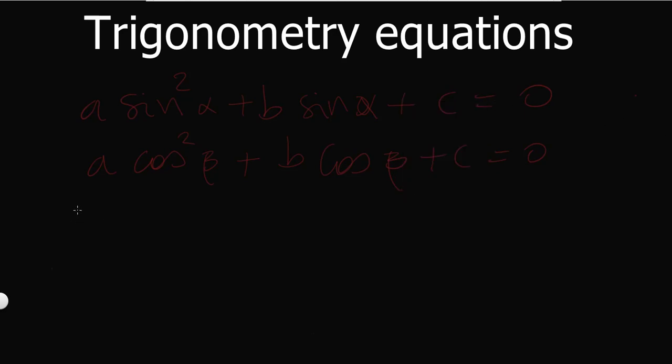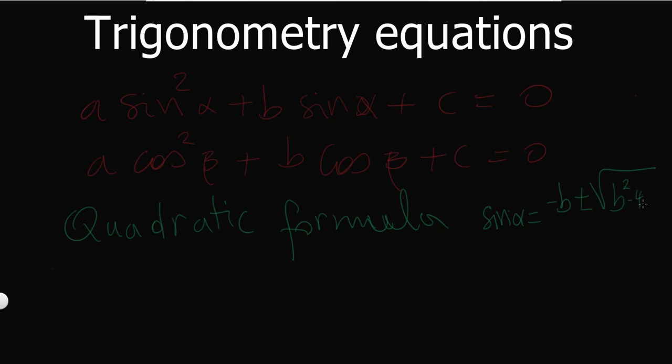You use the quadratic formula to solve this, where sine alpha or cos will be minus b plus or minus square root of b squared minus 4ac over 2a.